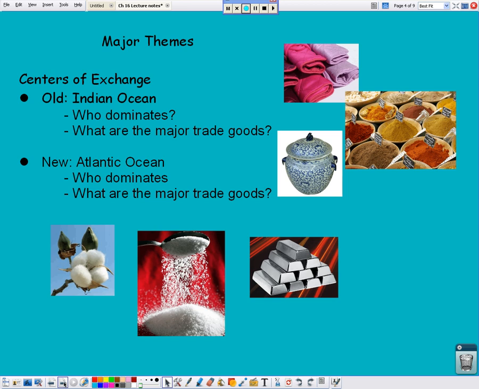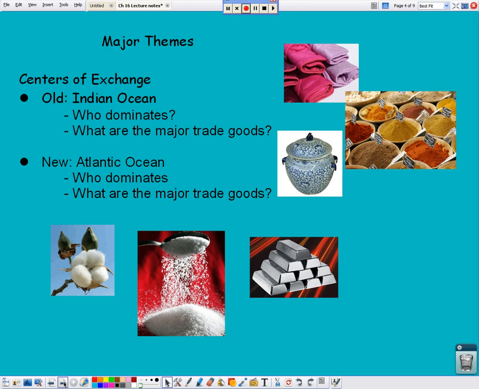Okay. All right, speaking of exchange, like we said, some of this is more cultural diffusion and some of this is literal trade. When we talk about literal trade, we're going to see a shift in the location of where most trade is happening. Before this early modern period, where is most trade happening? Around the Indian Ocean.